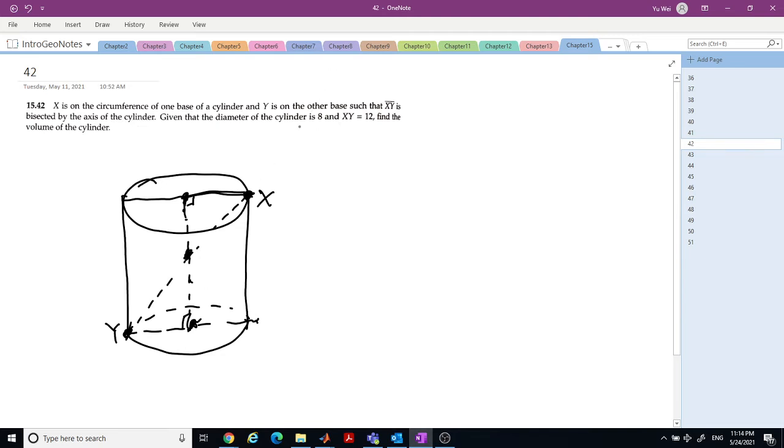Okay, then given that the diameter of the cylinder is 8, so this is 4 and 4, and XY is 12, right? So what's the volume of the cylinder? So we want to calculate the height, right? So the height is the root of 144 minus 64, since 8 squared is 64.